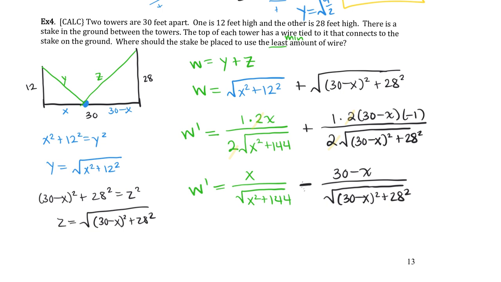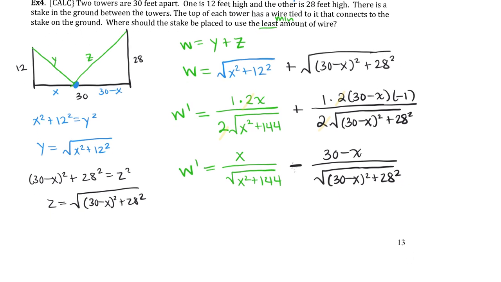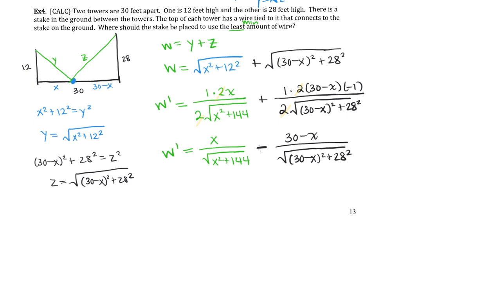Now I'm going to graph W prime and see where it equals 0. Then I'm going to use that to find the critical number and determine whether it is a minimum or maximum.